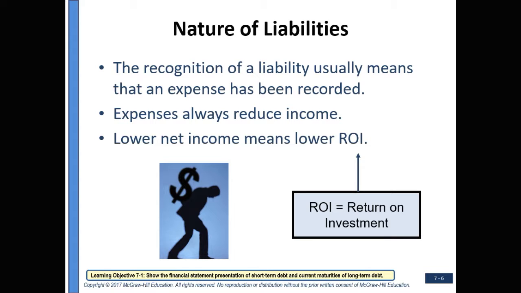Remember, it occurs on the income statement. And the lower net income means lower ROI, or a return on investment. Take a second and go back to chapter, I think, 3, where we talked about ROI pretty substantially and some of the different ways that it's calculated.